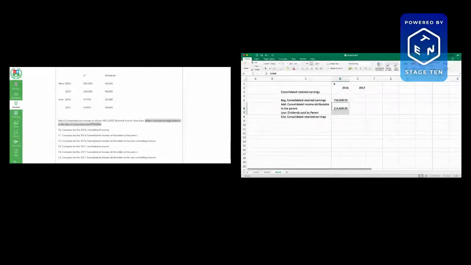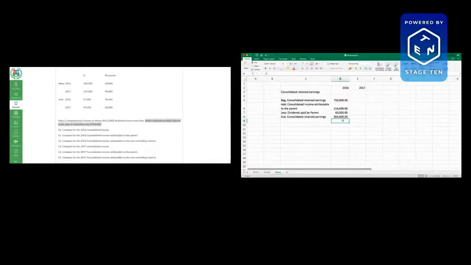And the amount of dividends paid by the parent in 2016 is 60,000. Okay, so that means our ending consolidated retained earnings, class, is equal to 904,600. And that's it. You already have your ending consolidated retained earnings.